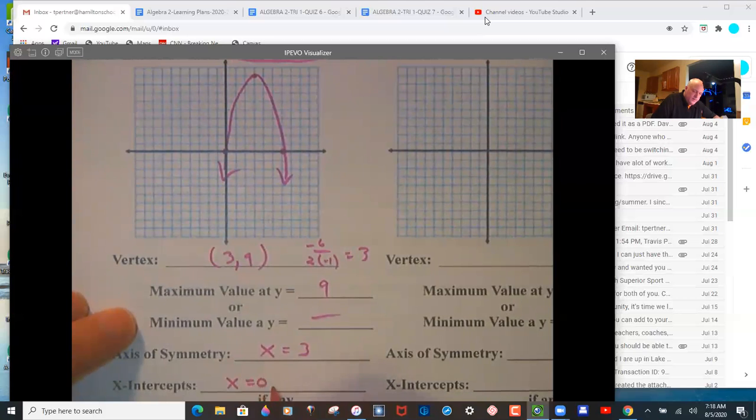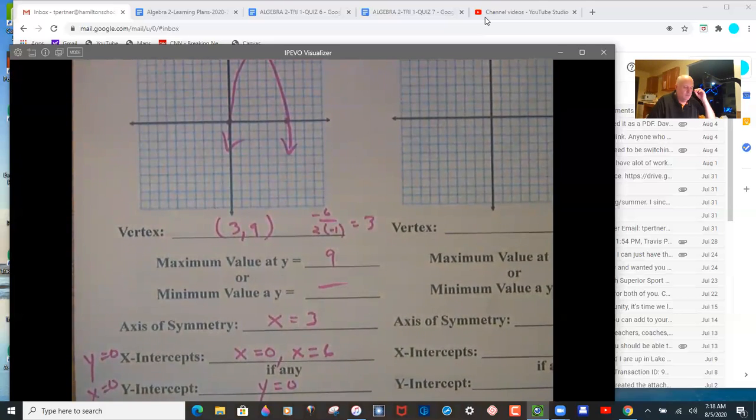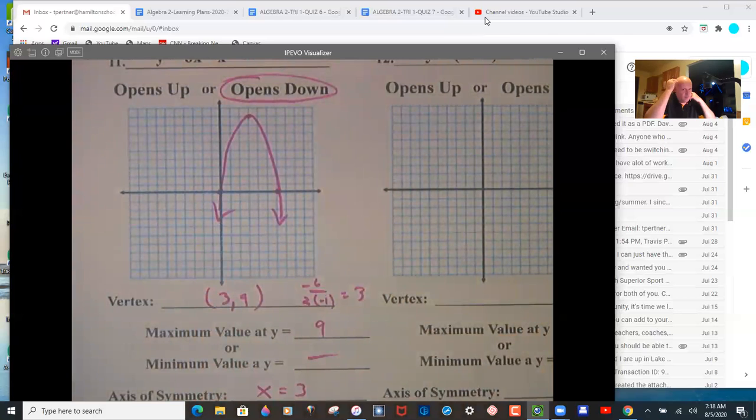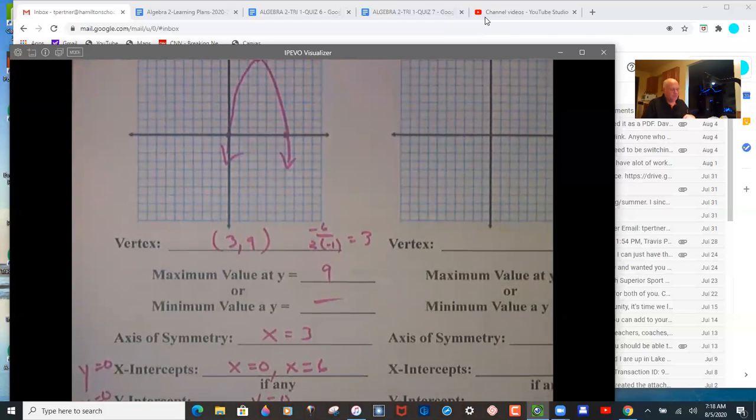Y-intercepts are 0 and 6. This is where y equals 0 on your table. And where x equals 0 on your table, you get 0. So when you have an x-intercept of 0, it's also a y-intercept.